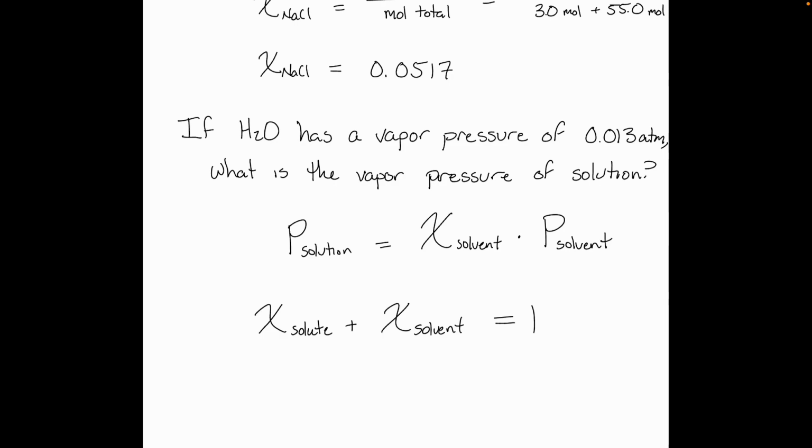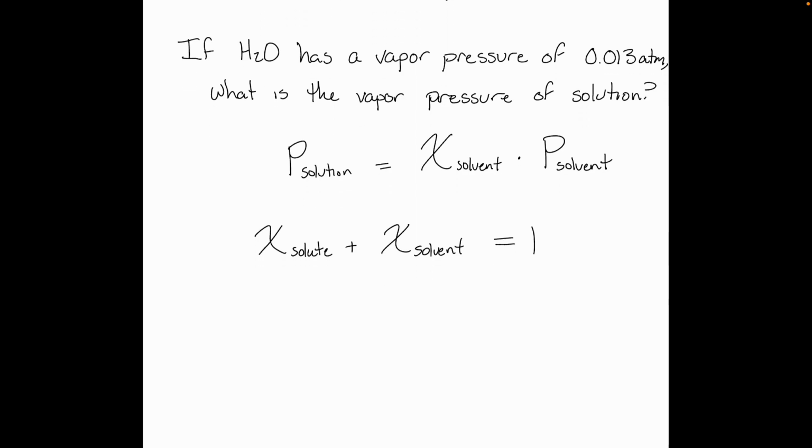Right? So in that sense, it's much easier to find the mole fraction of the solvent, given that I have it for the solute. So my P solution, that's 1 minus that 0.0517 value we just calculated, times the vapor pressure of the pure solvent, the vapor pressure of pure water, which is that 0.013 atm.